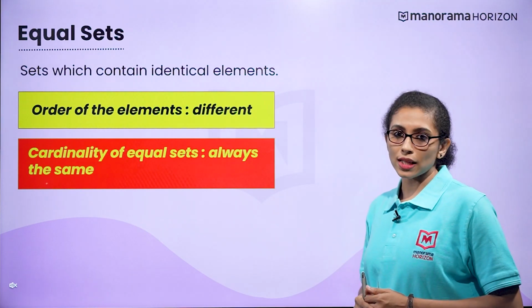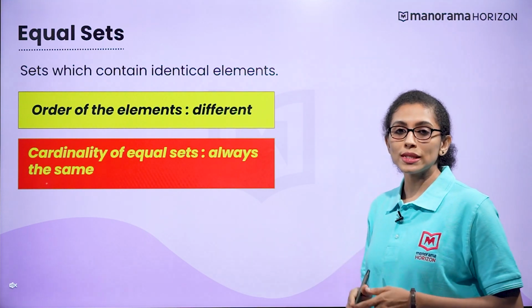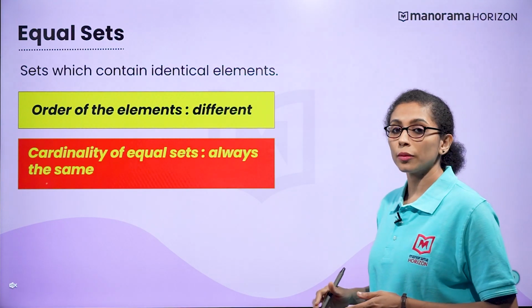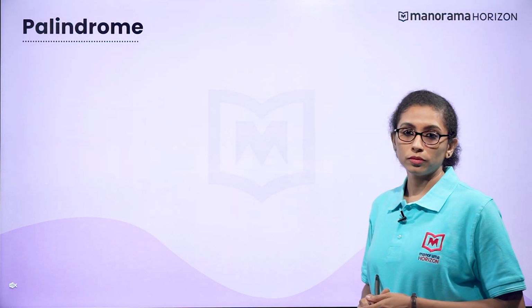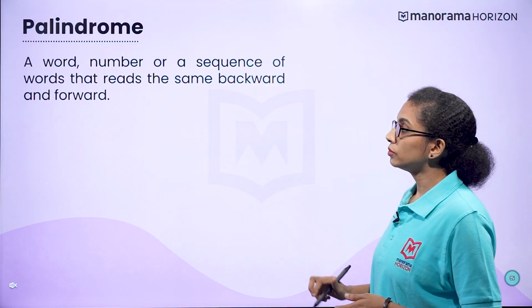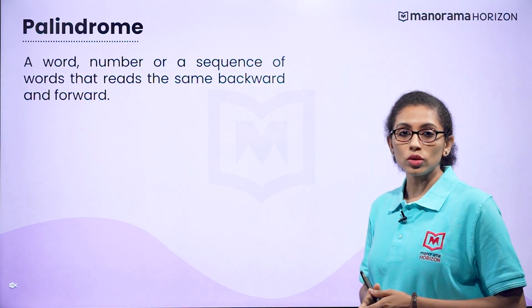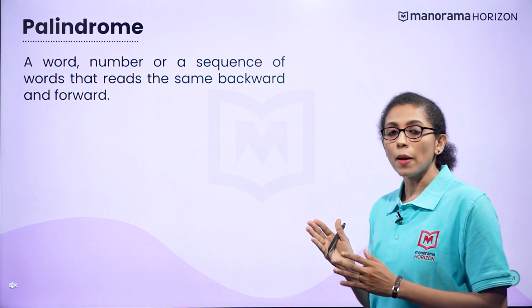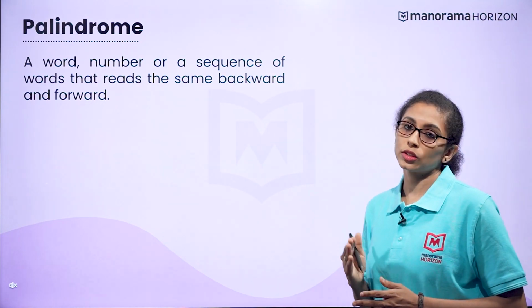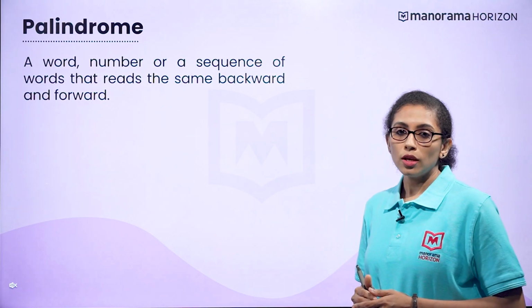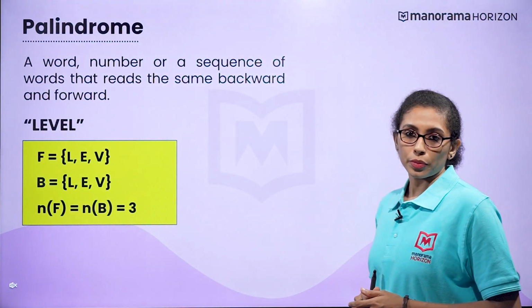One of the best examples where the concept of equal sets is used is in a palindrome. What is a palindrome? A word, a number, or a sequence of words that reads the same backward and forward is called a palindrome. Let's see one example.